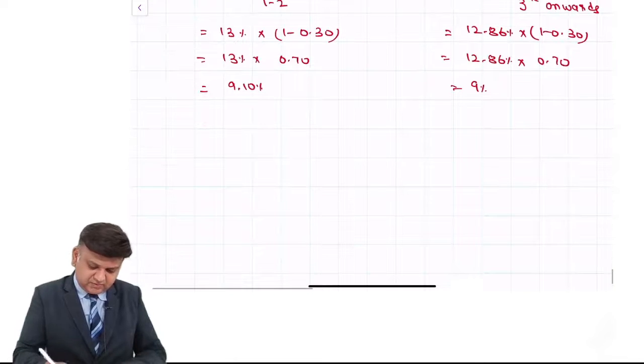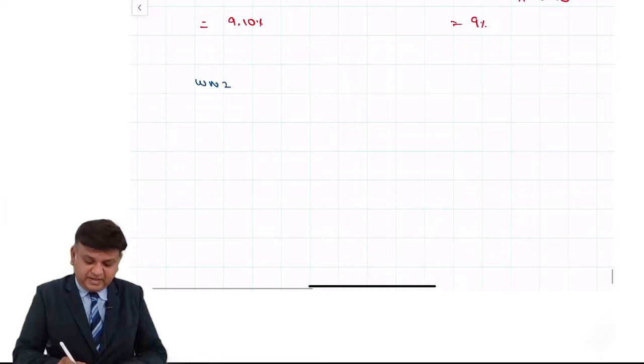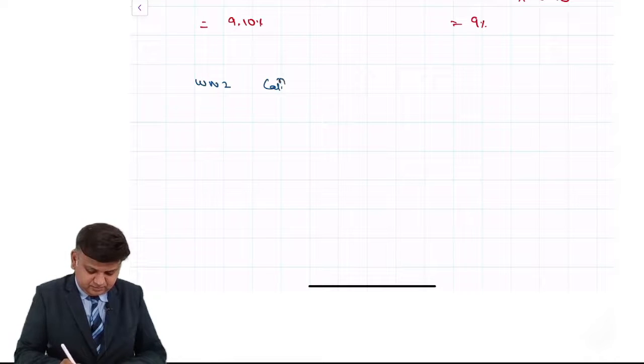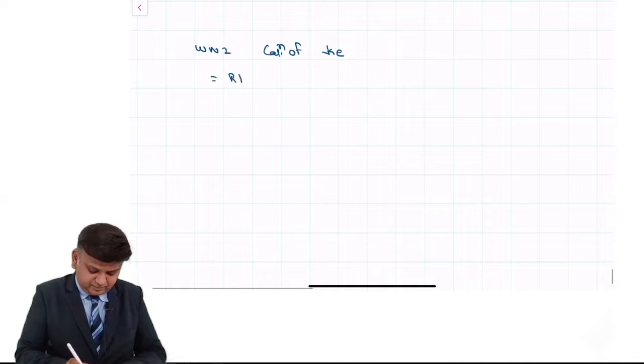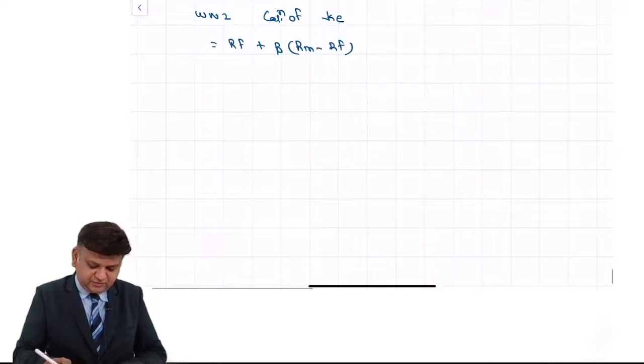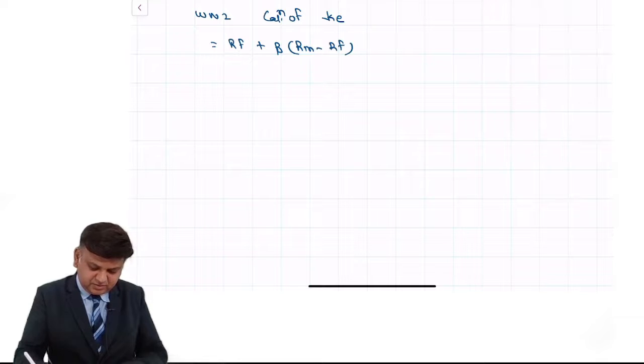Next, working note number 2, calculation of cost of equity. It is RF plus beta into RM minus RF. That is the way we make the calculation.